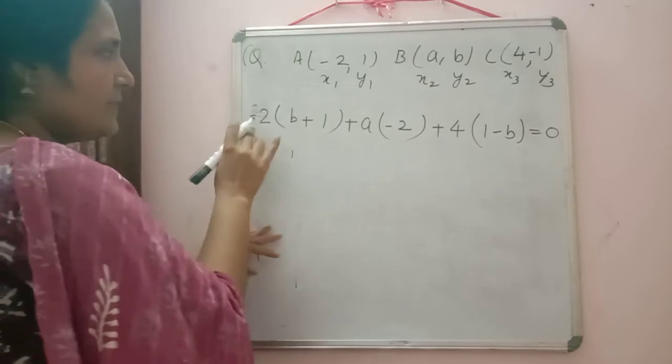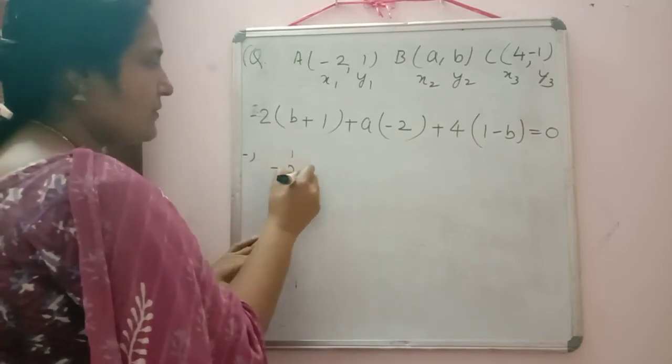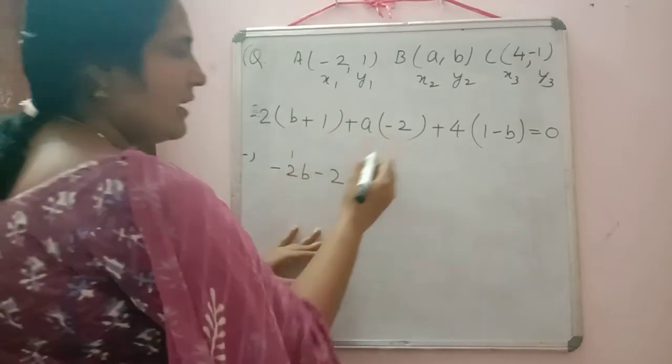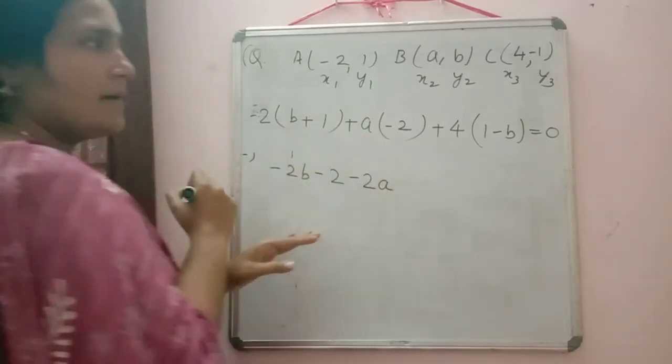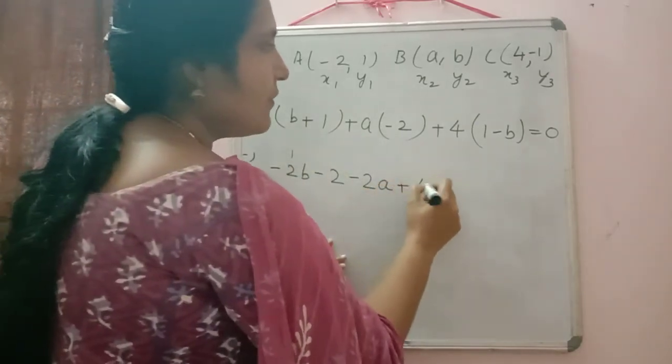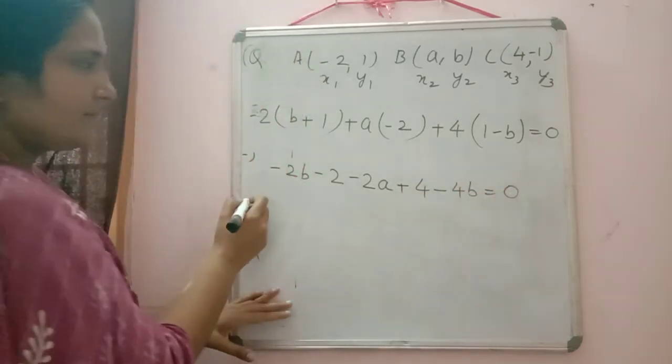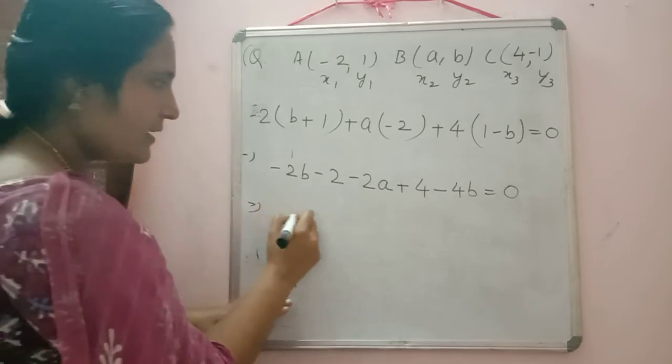Now we'll simplify it. Minus 2 into (b plus 1) will be equal to minus 2b minus 2. Here we will have minus 2a plus 4 minus 4b is equal to 0. Now we'll simplify it.